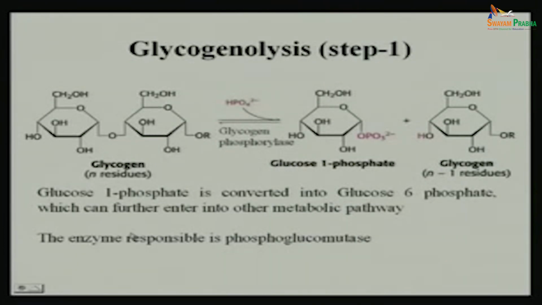In the first step of glycogenolysis, we can see these 1,4 glycosidic linkages, n number of such chains, are there.